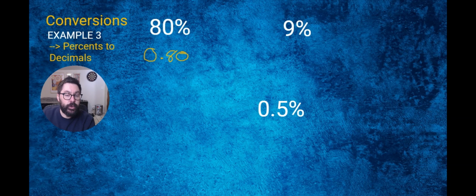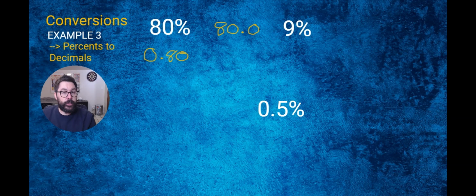That's 80 hundredths. But what I was getting at is a little trick: we have 80%, you can take the number 80 and write it as a decimal. So I just put a decimal there. You can make it 80.0, that's fine. And you divide it by 100. So that's going to make the number smaller, which means the decimal has to move left.